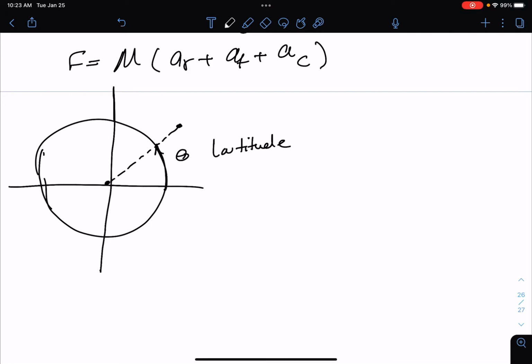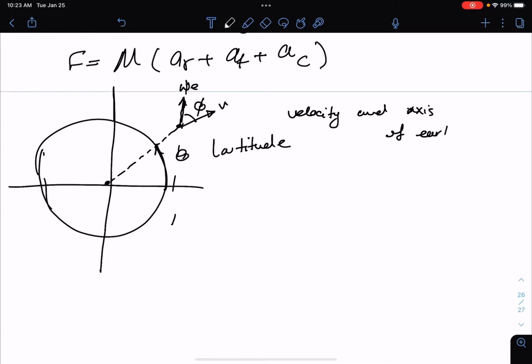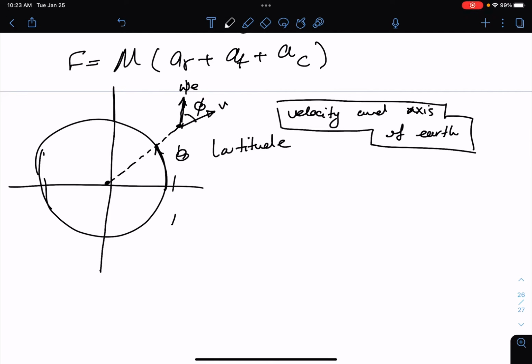Let's say this is the rotation axis, and we have the velocity in this direction. The aircraft itself makes an angle phi, which is the angle between the velocity vector and the axis of Earth. So two main angles here that we are dealing with: latitude and the angle between velocity and the axis of Earth.